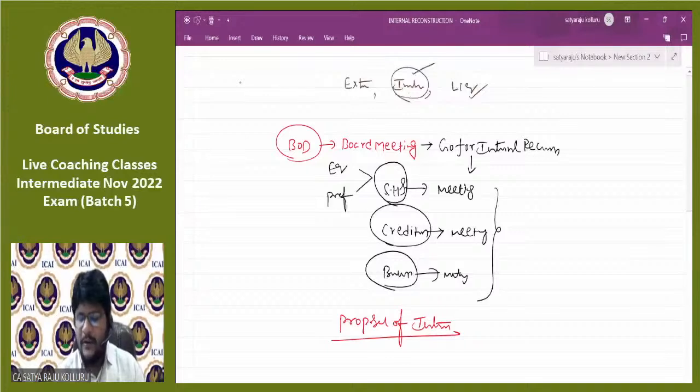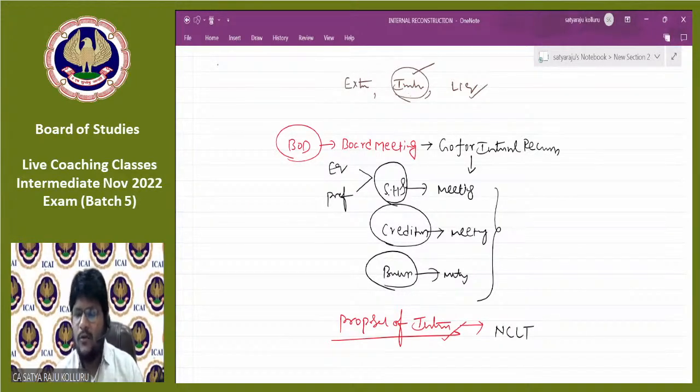The proposal means which different parties are going to be impacted and how we are going to settle all such parties. We clearly establish this in the proposal. We send the proposal of internal reconstruction to NCLT, the National Company Law Tribunal.